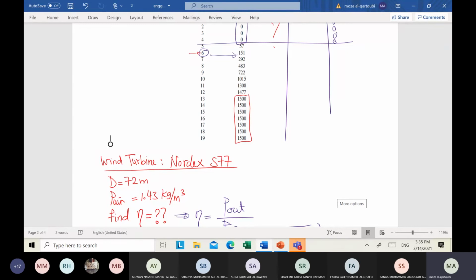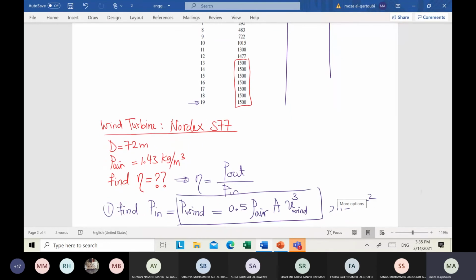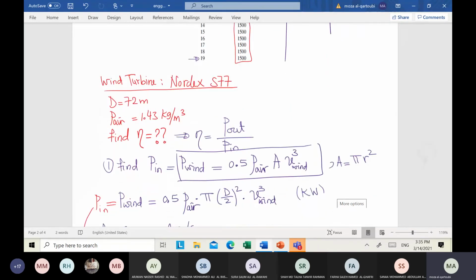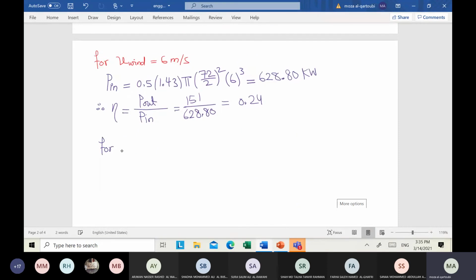So we'll use the last one, then I will give you the table of values. We'll use 19 here. We'll follow the same steps for V wind equal to 19 meters per second. Again, we need Pn, which will be 0.5 times rho 1.43 times area, and r squared will be 72 over 2 squared.